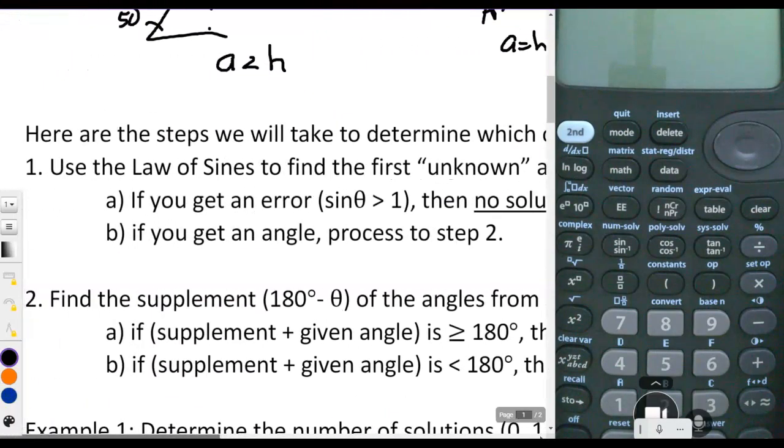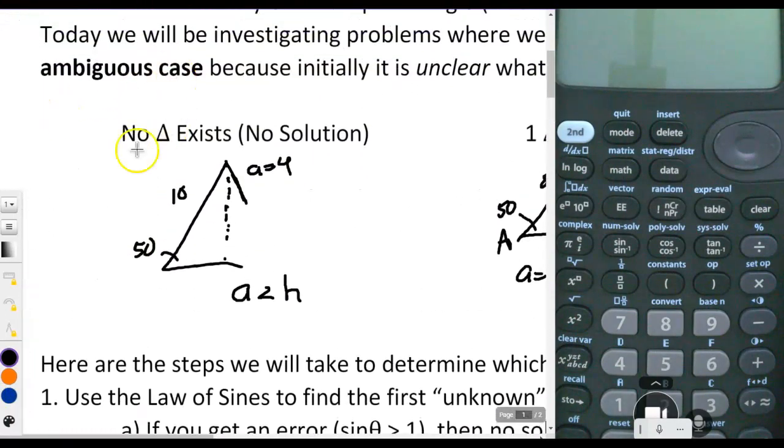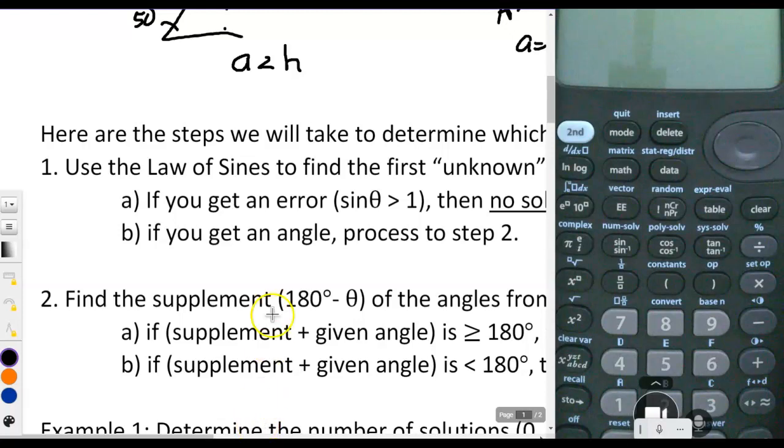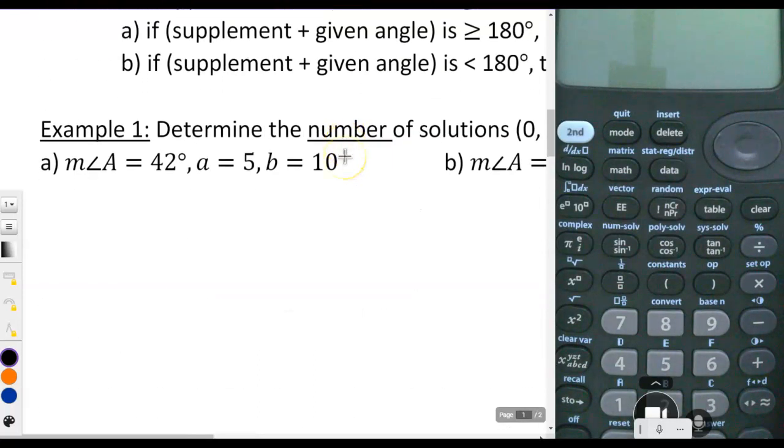It gives all the steps here. Basically, let's start with the first case. How do you get no solution? How do you know? Basically, if you just do the law of sines and you get an error, like you'll find out the number is bigger than 1, sine can only be between -1 and 1. So if you do a bunch of calculations and you get an error, that means no solution. You just use your calculator like normal, and if it comes up with an error, that means there's no solution, and you don't have to really worry about it.